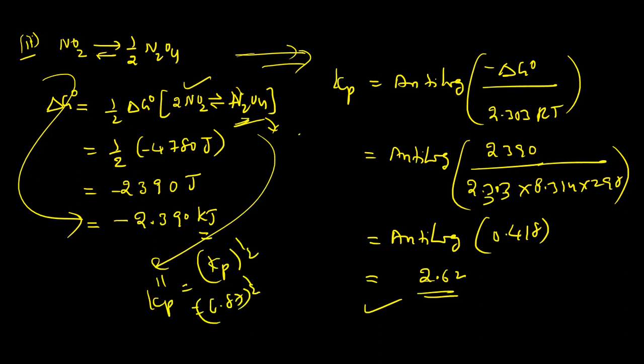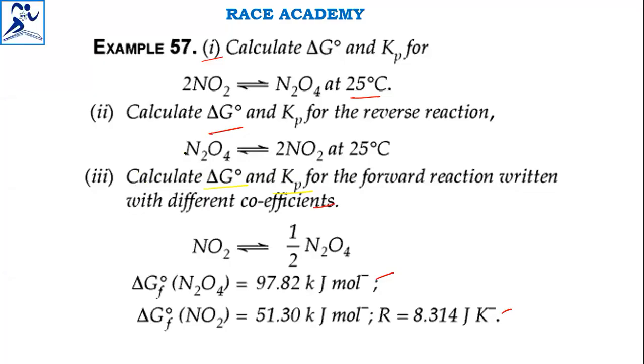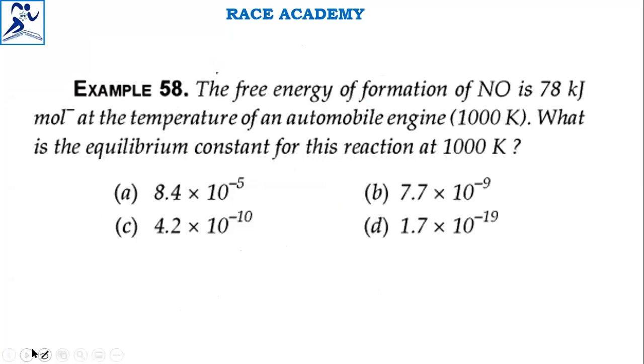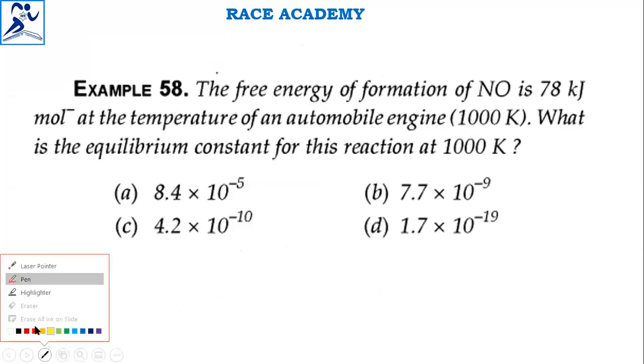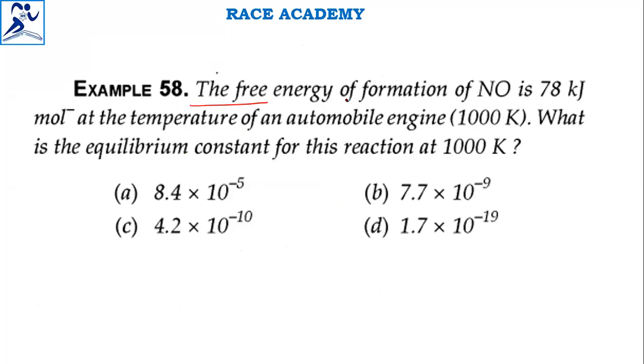Next question. The free energy of formation of nitric oxide is 78 kilojoules per mole at the temperature of an automobile engine, 1000 Kelvin.